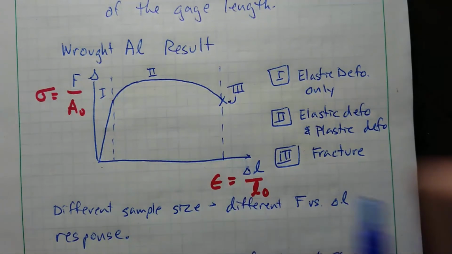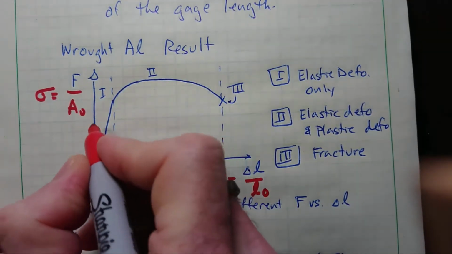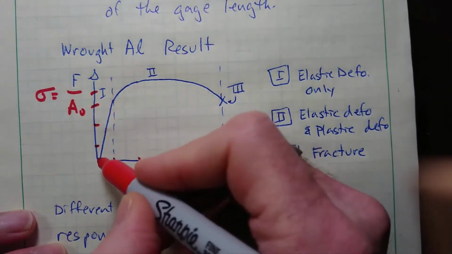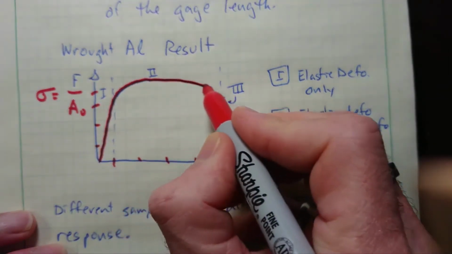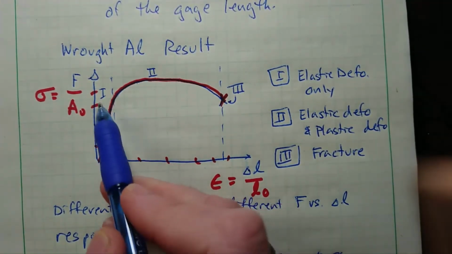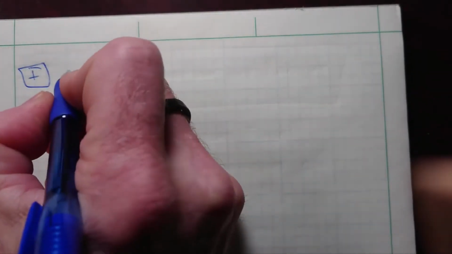So now I've got a stress-strain diagram that, when I rescale the axes for that calculation, gives me the stress-strain curve. Okay, so let's talk about the properties in regions 1, 2, and 3: elastic deformation, elastic-plastic, and fracture. Section 1, elastic properties.